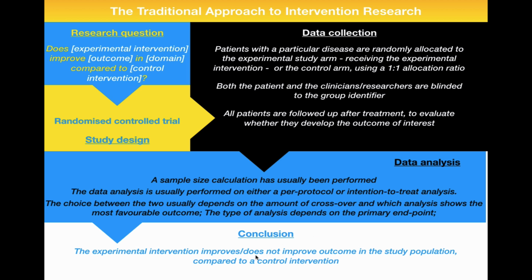And it is sometimes hard to demonstrate that an experimental intervention does not improve outcome in a study population. Oftentimes it's the case that you're just not able to demonstrate that it does. So that's a very brief summary of the things that are going wrong in this traditional approach, but we'll discuss them in more detail during this lesson.